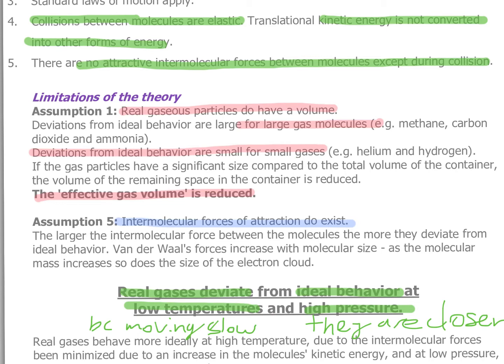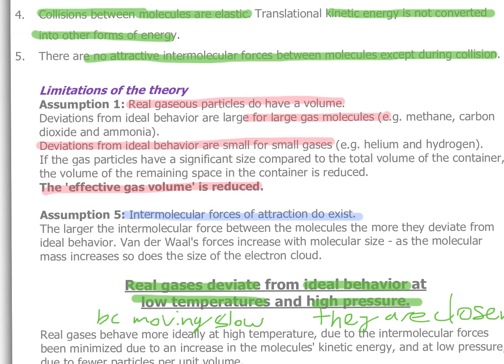So when are they more likely to get pulled together, get pulled off track? If they're going in a straight line and that positive and negative force pulls them away, they're going to be moving slower, and they're going to have to be a lot closer to one another. So when we're talking about the difference between real and ideal, we need to think about our high temperature and low pressure is our ideal gases.